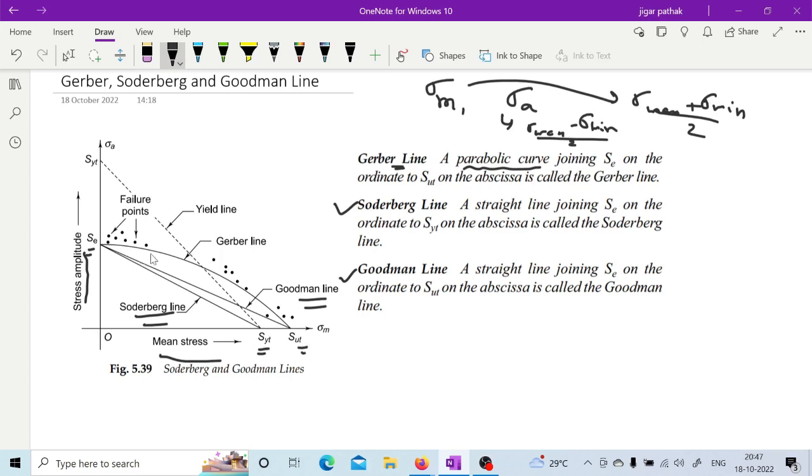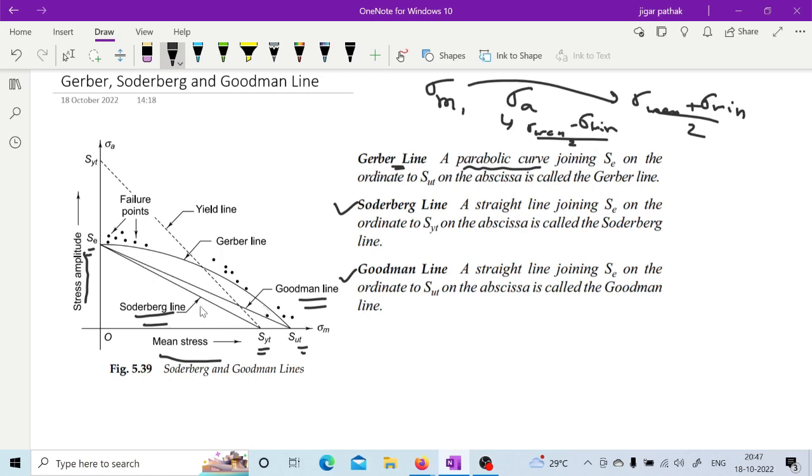And this Gerber line, or parabolic curve, is also between SE and SUT. Actually this Gerber criterion provides a good fit for the failure points.